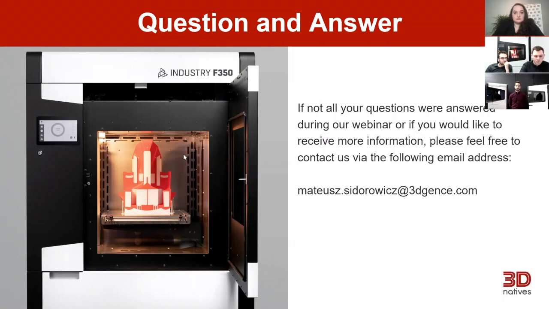Improper material preparation before printing and handling during the printing process, so not storing in the heated dry chamber during the printing process, can also lead to a clogged nozzle that can lead to a failed print. So preparing the material before printing is one of the most important things that we are working on with our clients and our users.